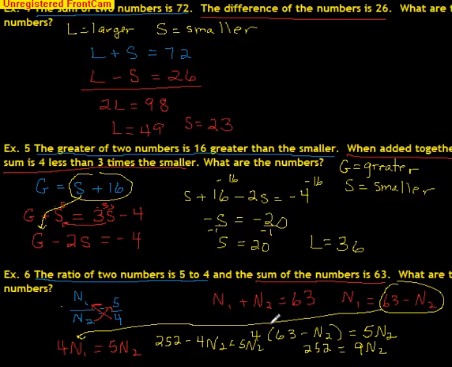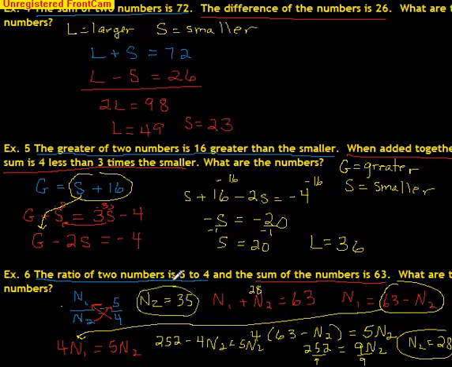So n sub 2 equals 28. And then we have to go find the first number. Right here, if I subtract 28 from 63, 63 minus 28, I get 35. So the first number is 35. I'm sorry this is so messy.